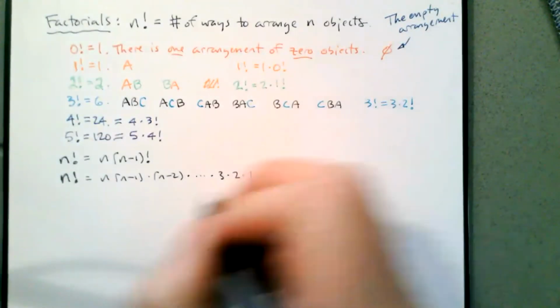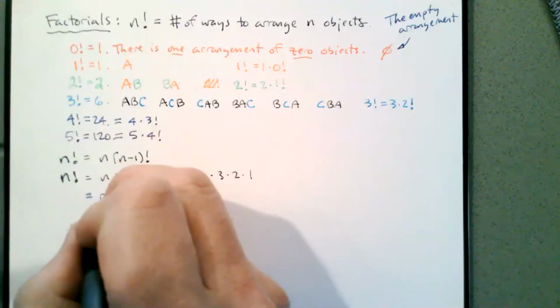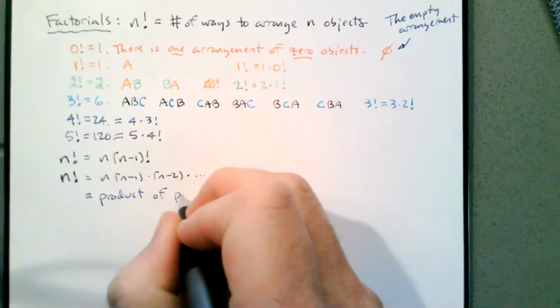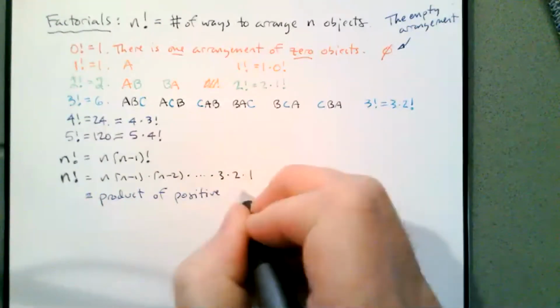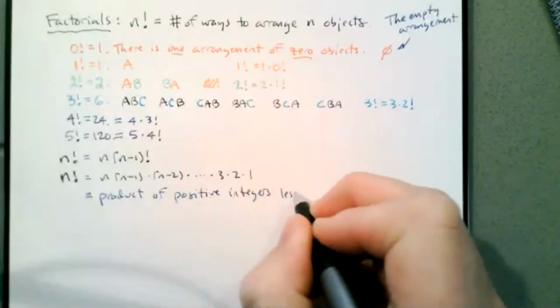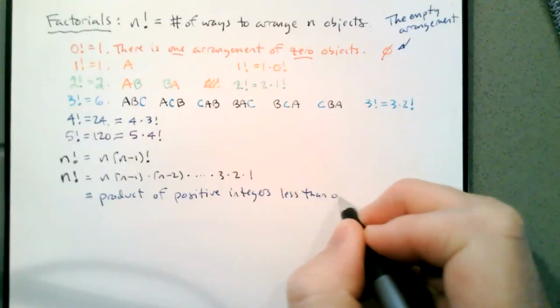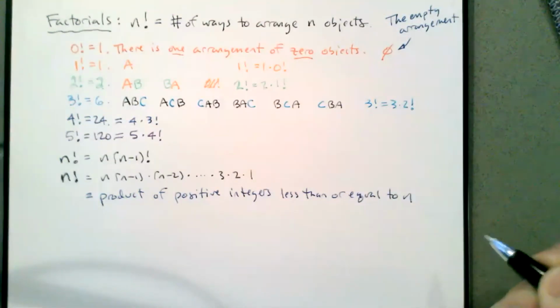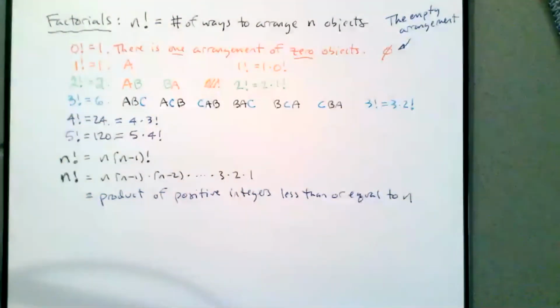So we can think of this as the product of the positive integers less than or equal to n. We have to stop before we get to 0, because if we throw 0 in there, then n factorial will always be 0.